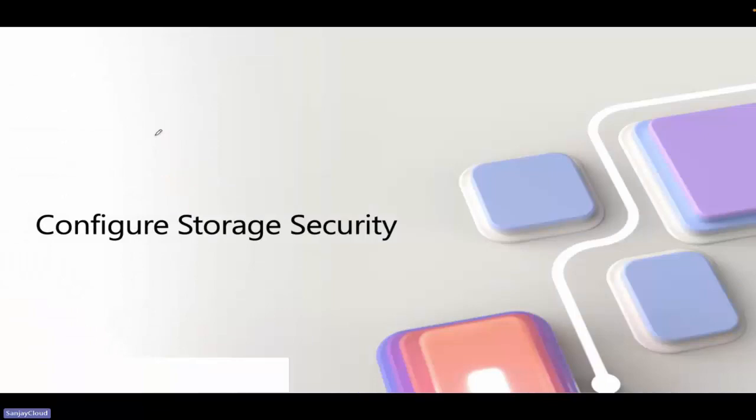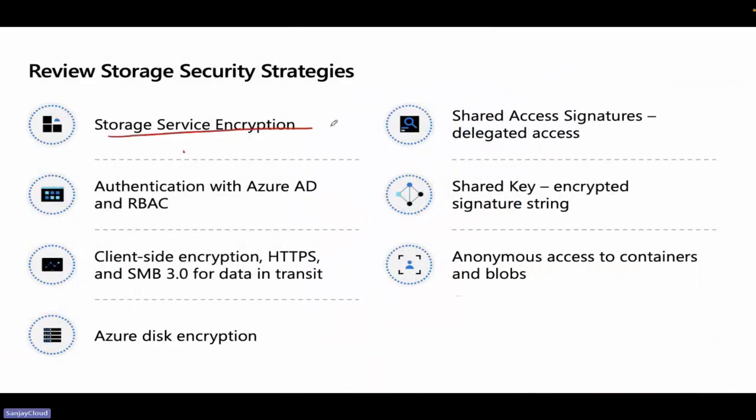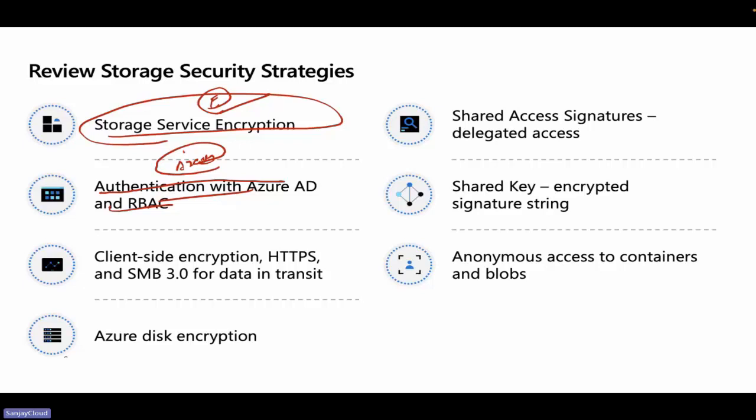Next option, configuring storage security. When it comes to security, we can enable storage service encryption, SSE, which is enabled by default in all storage accounts nowadays. Authentication with Azure AD and RBAC. In AzCopy, hope you remember, I enabled authentication using RBAC for myself.